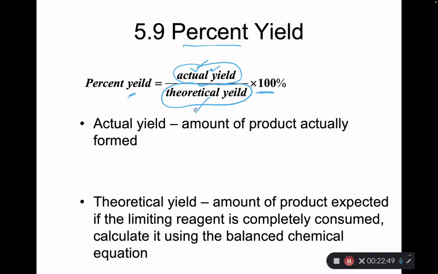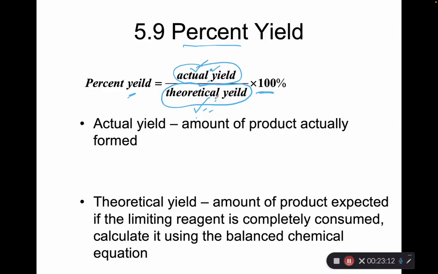Maybe the starting material is not pure enough. In that case, the product you are looking for may not be 100% all product. It might have side products. The impurities might bring in other masses. So the actual yield will always be less than the theoretical yield.